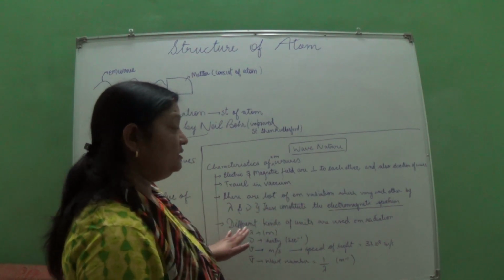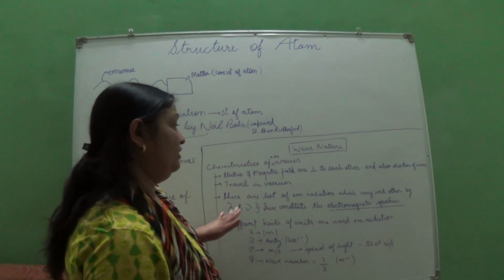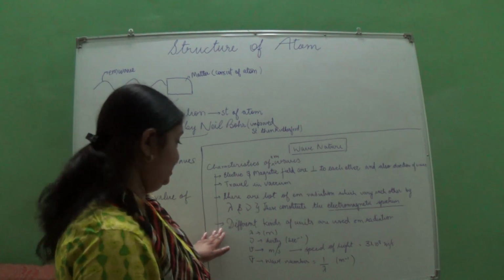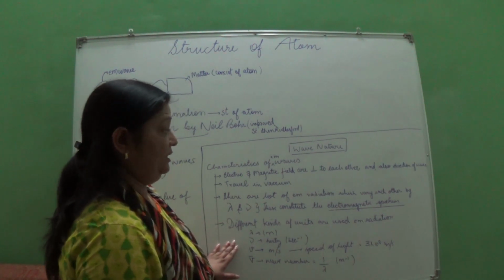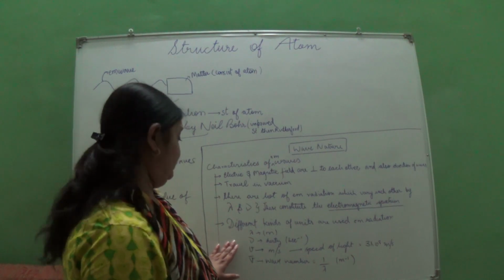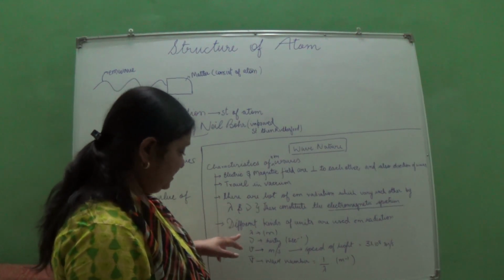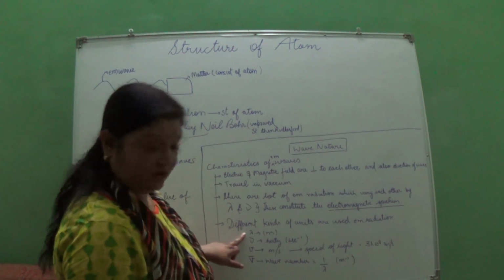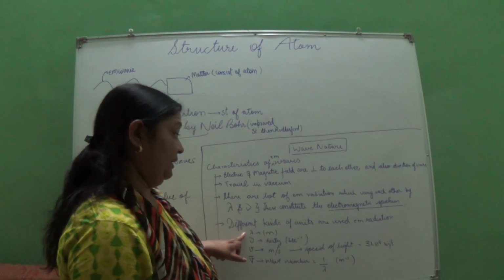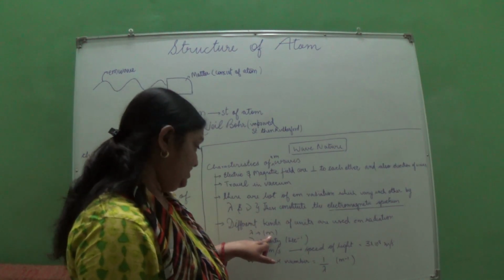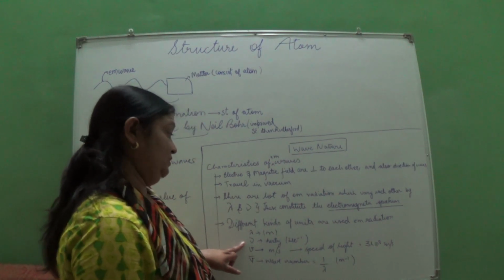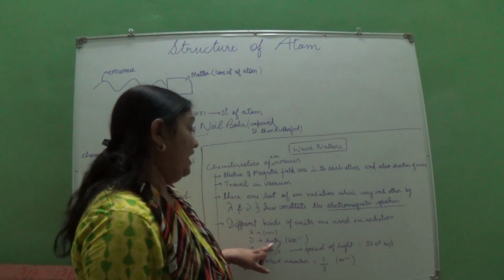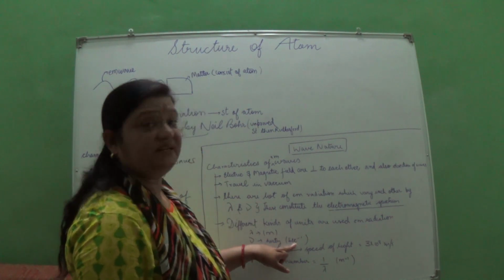And there are different kinds of units. Naturally, since they vary from each other, they will have different kinds of units. The units used in electromagnetic radiation are: first, the wavelength, denoted by small m, which is meter. Next is the frequency. Its unit is hertz, represented as per second.